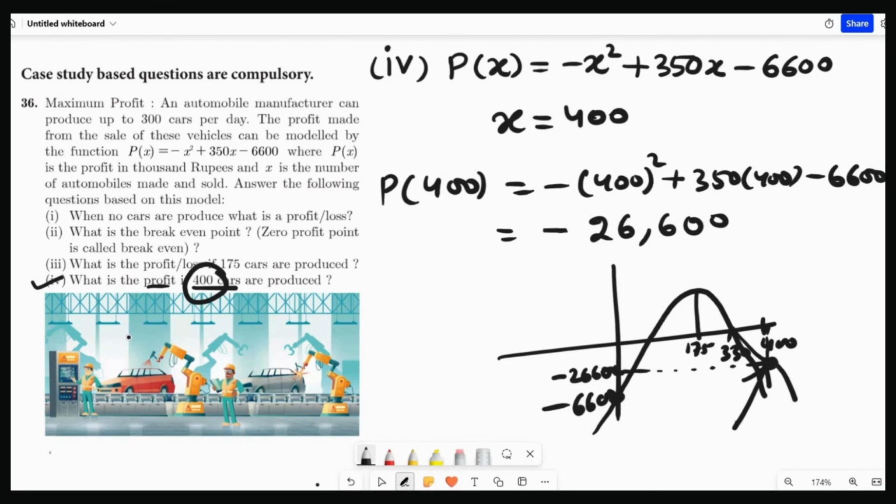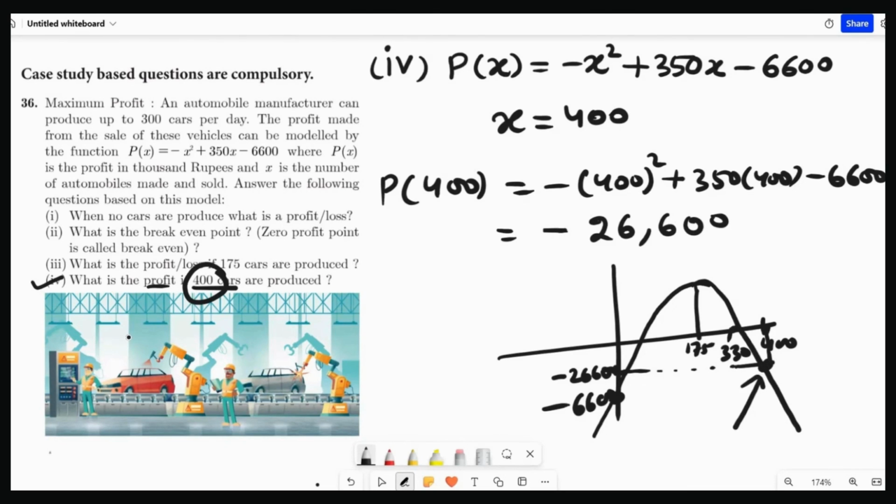That means when 400 vehicles were manufactured, the graph goes like this, and 400 corresponds to this point.